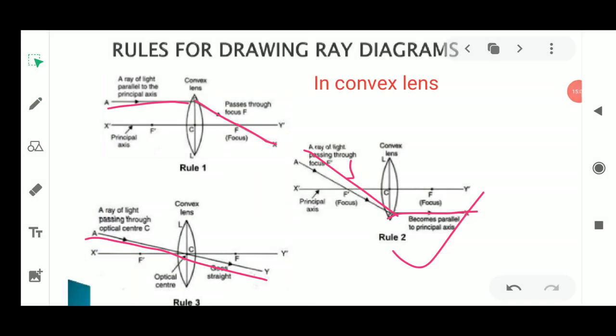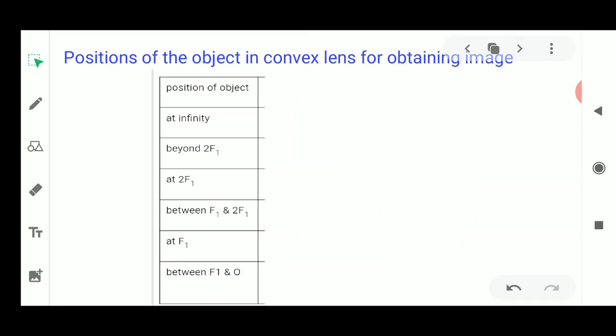In the next slide, I just wanted to show you the 6 positions where the object is going to be placed and the image will be obtained.